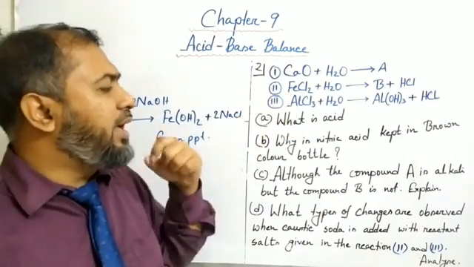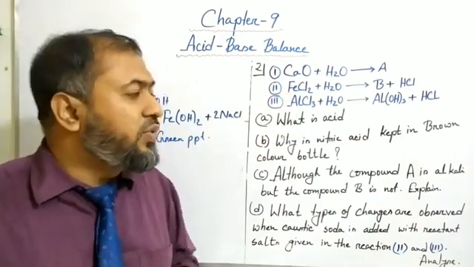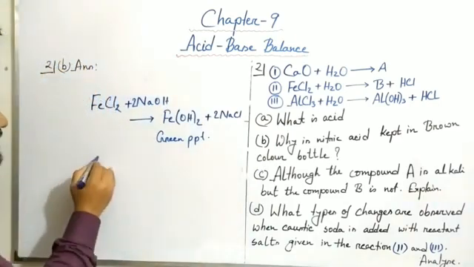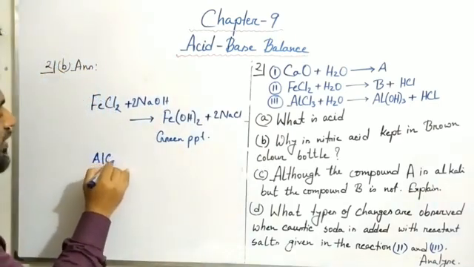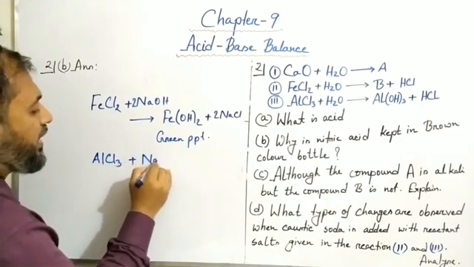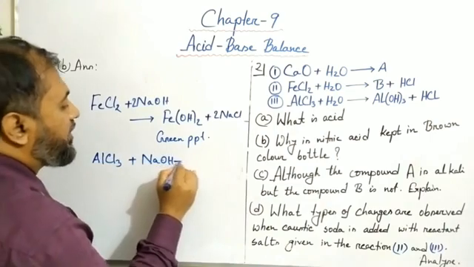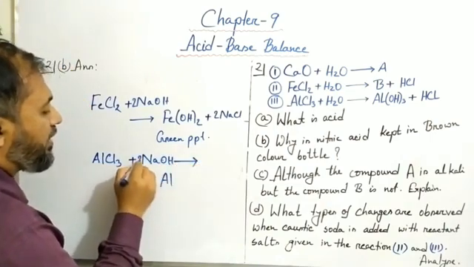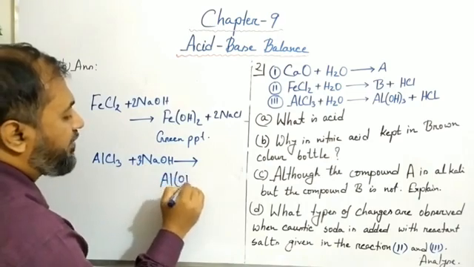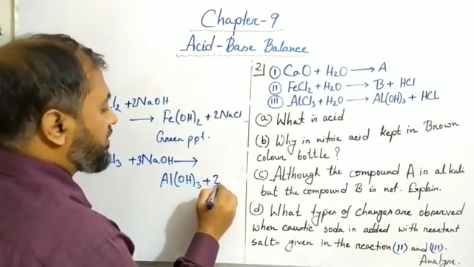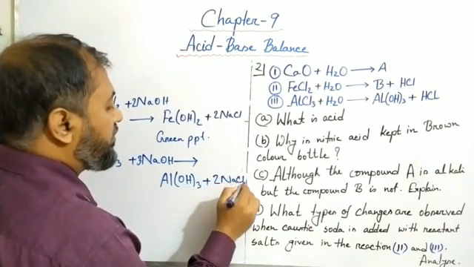Now, what will happen when we add sodium hydroxide to aluminum chloride solution? When we add sodium hydroxide to aluminum chloride, it will produce aluminum hydroxide and sodium chloride.